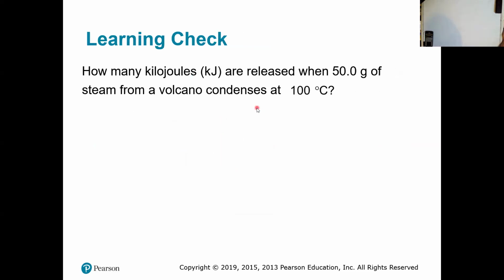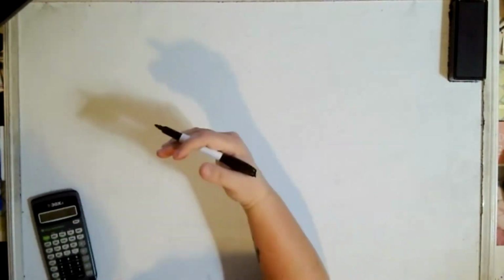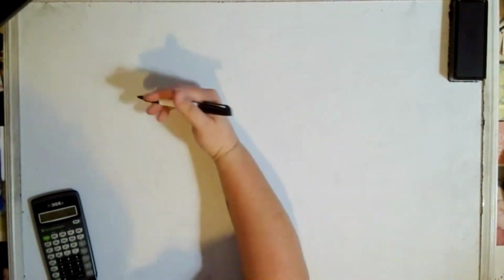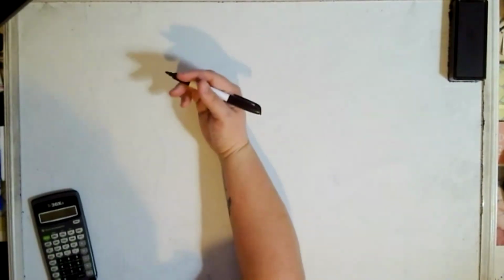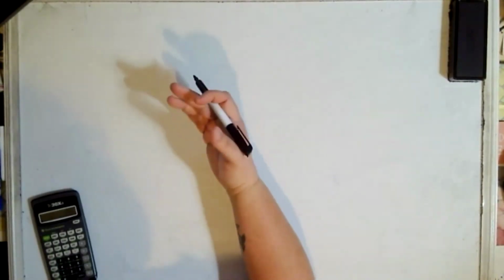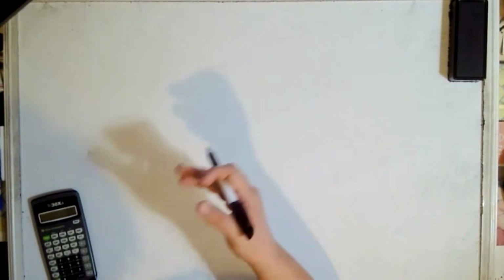So let's look at this question. I'm going to write out the heat of vaporization first, just as an equality again. I like having that written out for us to look at. Heats of vaporization, again, are not numbers you need to have memorized. If you need the heat of vaporization to answer a question on an exam, it'll be provided to you, but you have to know what to do with it.